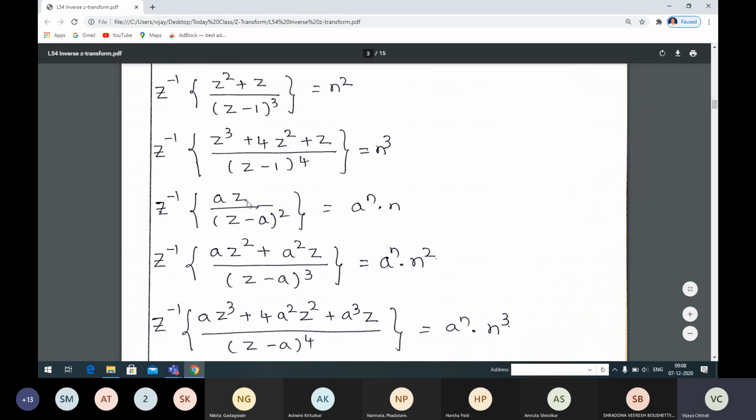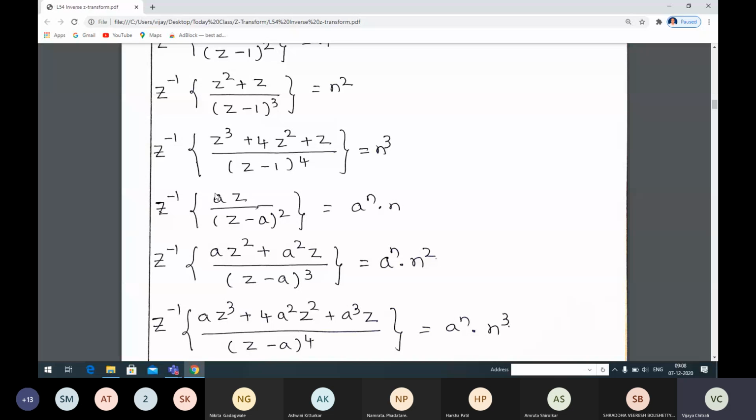And Z inverse of AZ divided by Z minus A raised to 2 is equal to A raised to n into n. So here we have applied the damping property. The Z transform of A raised to n into n is AZ divided by Z minus A raised to 2, so the inverse Z transform of AZ divided by Z minus A raised to 2 is A raised to n into n.